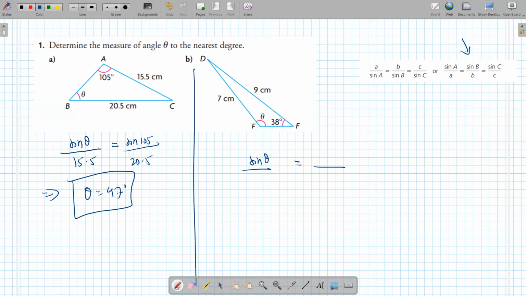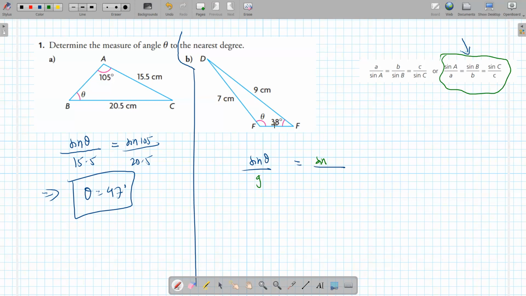What's opposite to theta? 9. 9, that's it. And then it equals something over something. What do you think? I'm using this formula here.